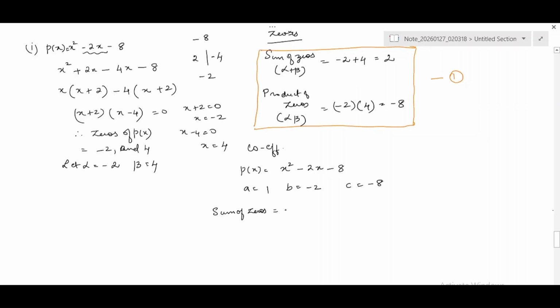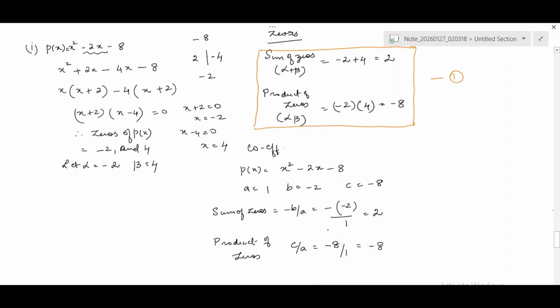Sum of zeros is equal to minus b by a. Minus b by a is minus of minus 2 by 1, that is 2. Product of zeros, c by a, that is c is minus 8. Minus 8 by 1, that is minus 8.